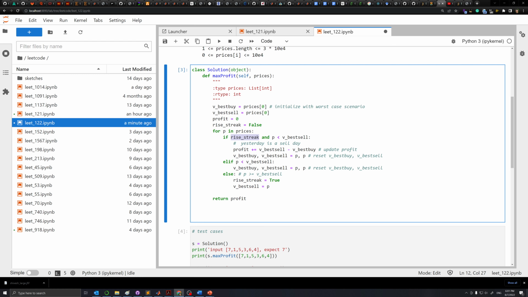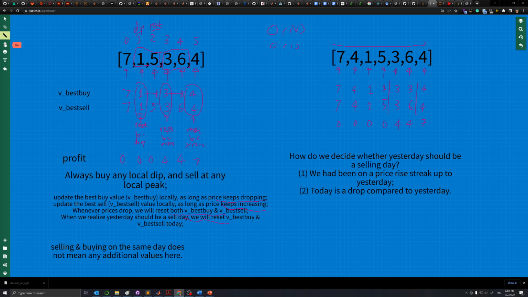Well, we're going to add a virtual zero at the end, to force any sales, right? This is like a virtual zero that we're adding.